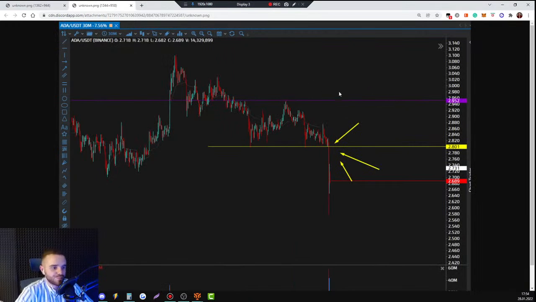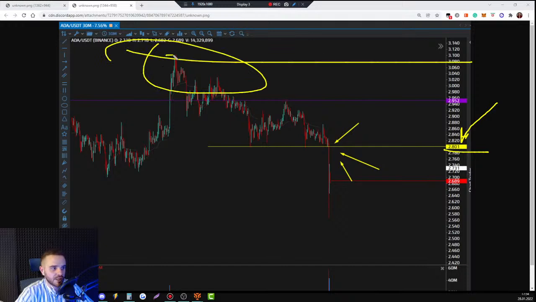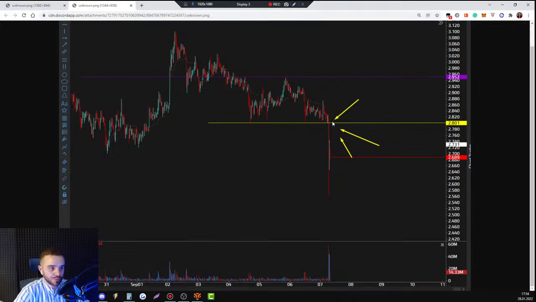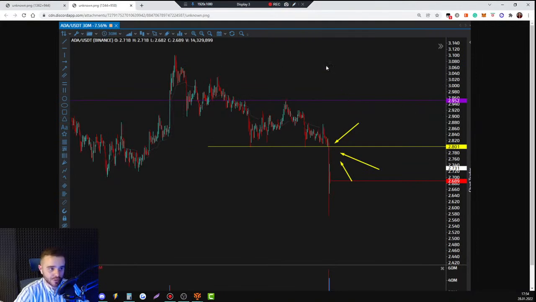How it works. In the ADA example, the price of ADA was 280. The all-time high was at 310. And how it works, quite often: big guys, especially when they trade futures, volume on futures is nearly 10 times more than on spot.